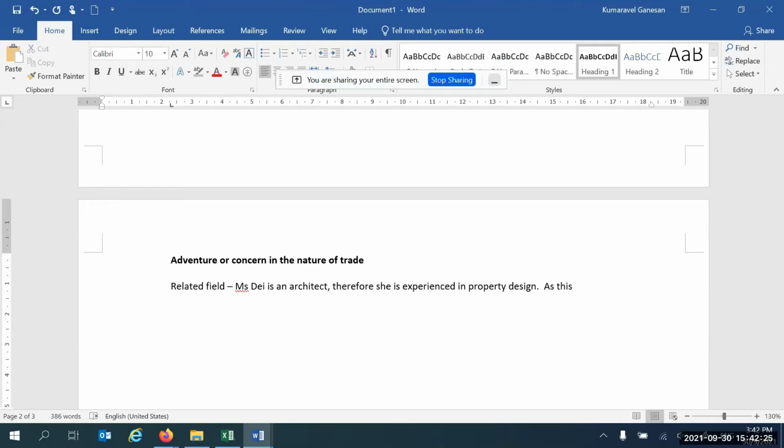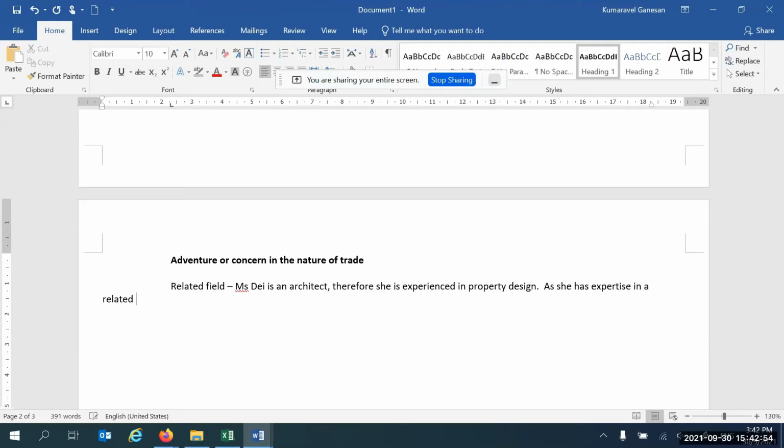Now, even if they say notes, if you write short sentences, okay. Anyway, there's no format marks for number 2. Okay, she has expertise in a related field.